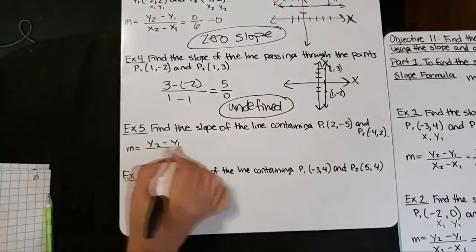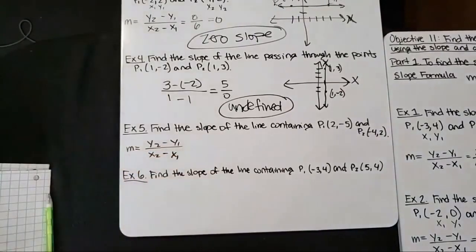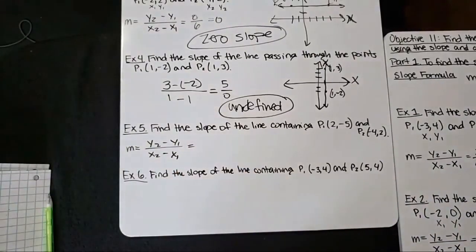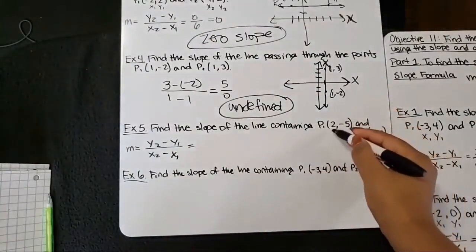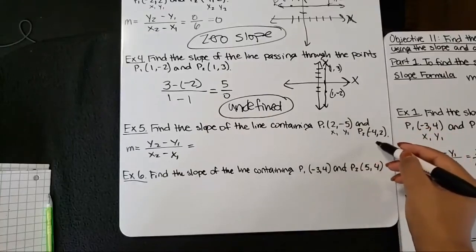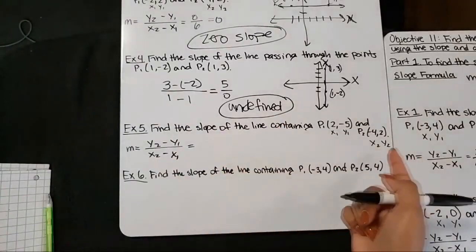And this is just to ensure that you don't have any mix-ups. Then you want to plug in your numbers, all right? So this is P1, so this will be X1 and Y1. This is P2, so this will be X2 and Y2. Now you plug that in.